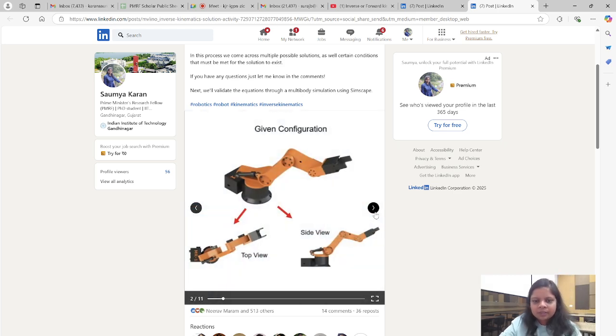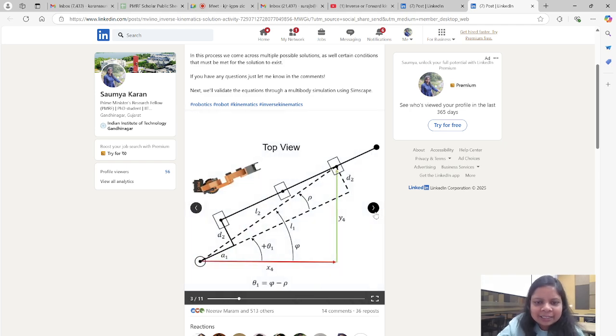You can see that he has taken the given configuration, the top view, the side view, and from the top view he made the triangle. Here is the revolute joint and here all the links are attached. Then he tried to form a triangle in a very similar way to what you have learned.